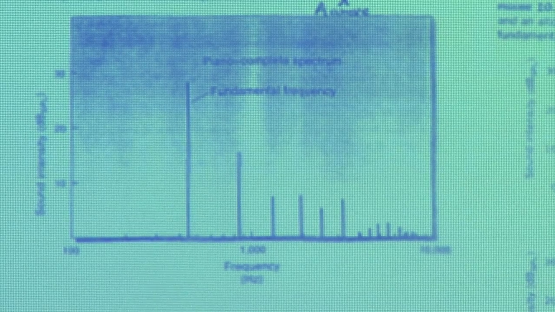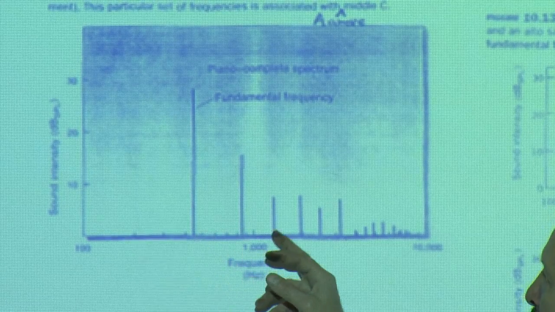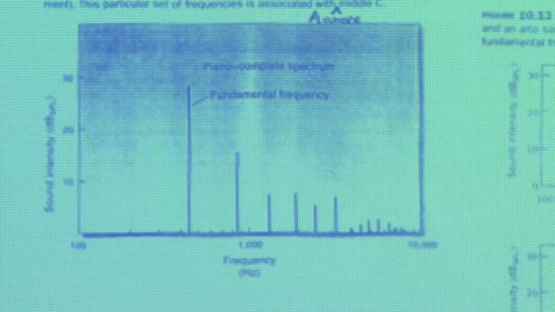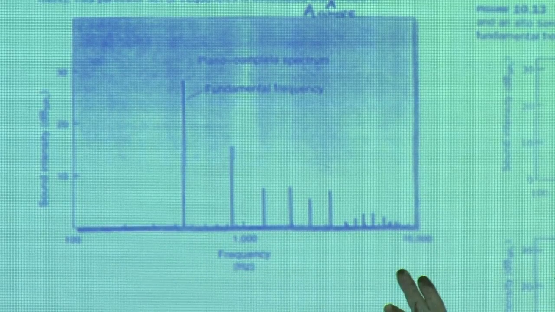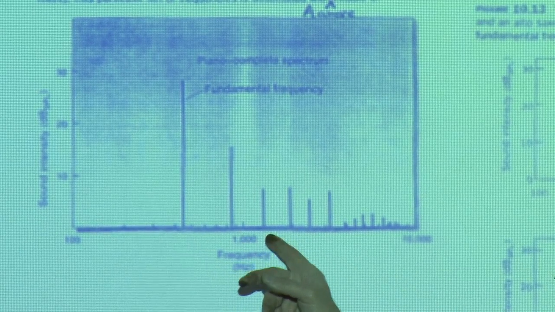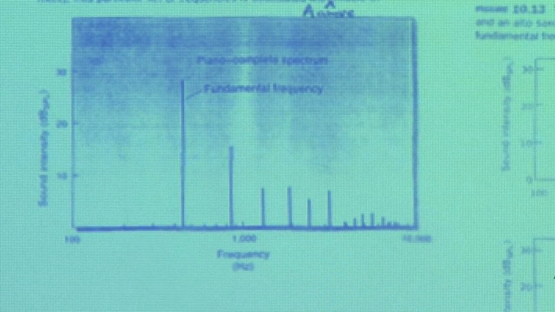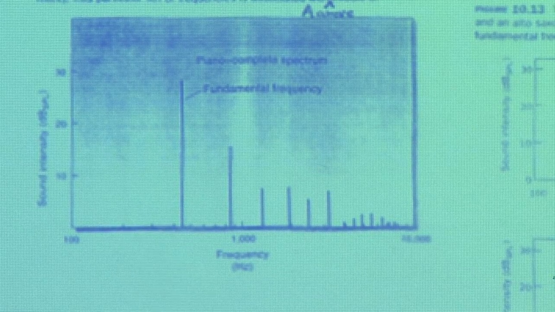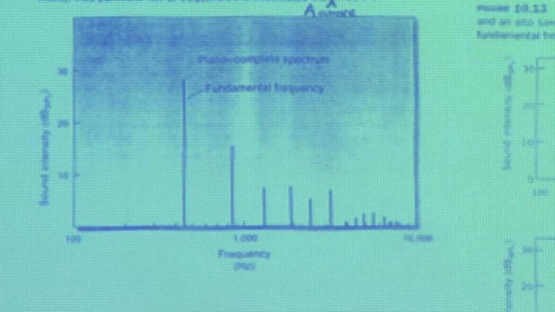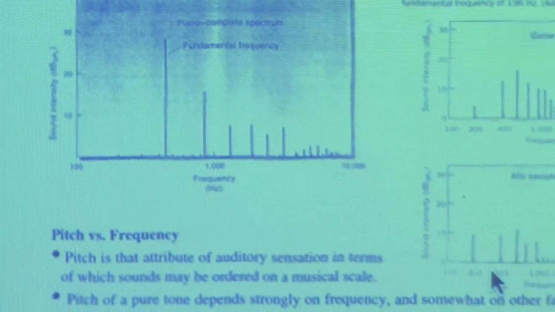You can get from the physical characteristics of the vibration of that string a whole bunch of different vibration patterns. And they're usually a harmonic series: twice, 3 times, 4 times, 5 times, 6 times the fundamental. Just because of the physical characteristics of vibration of the string, and the wind column in the case of an alto saxophone.